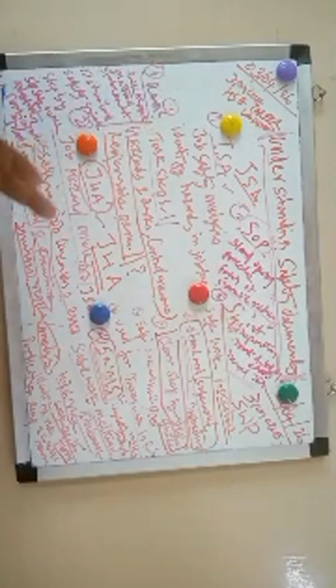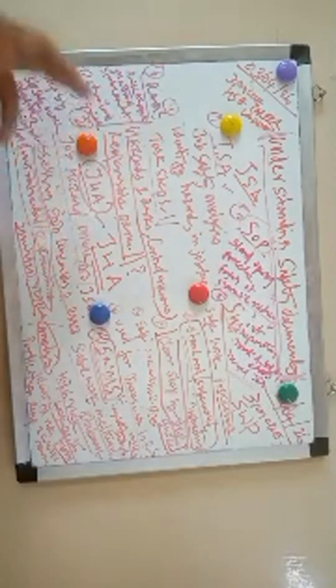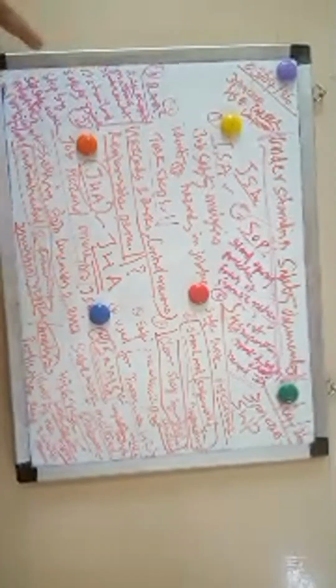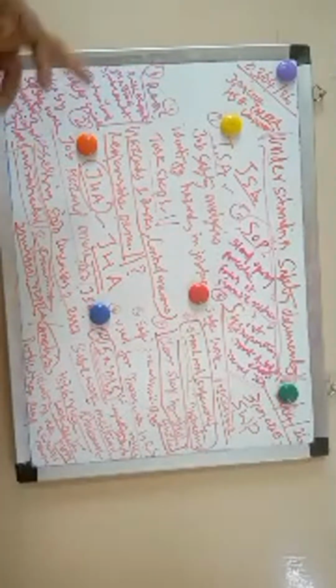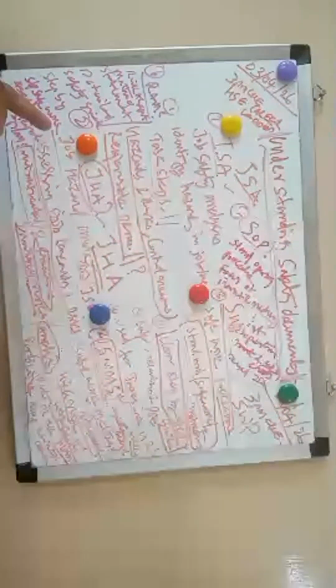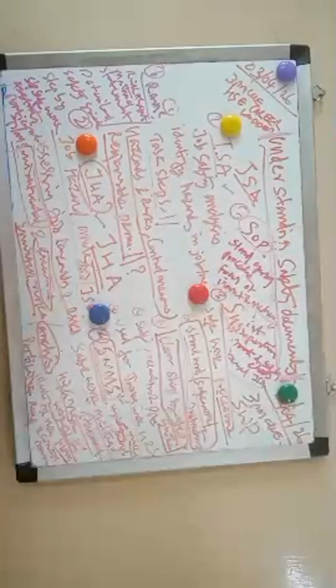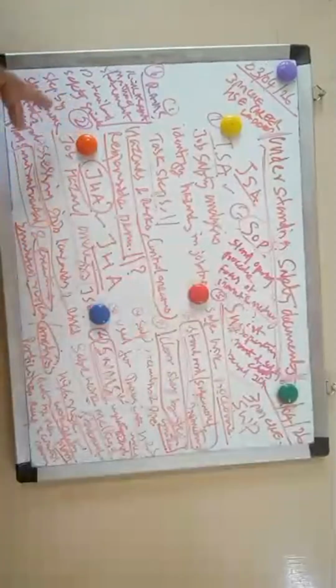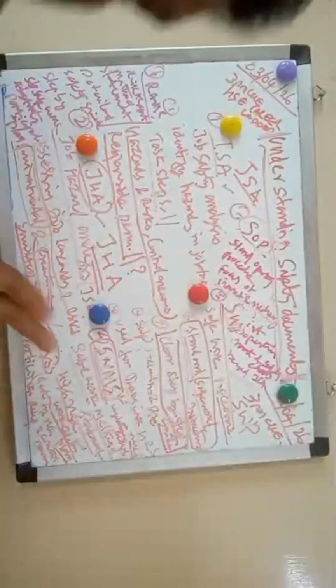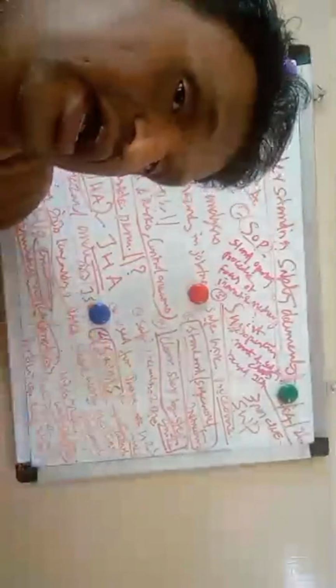So RAMS talks about the risk assessment method statement, a detailed safety guide. This is a detailed step-by-step guide of safe work assessments, and participants are also involved.